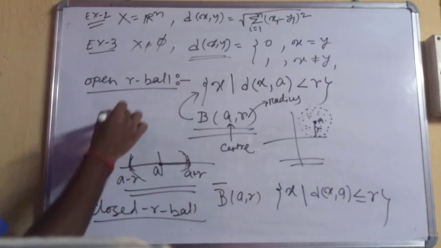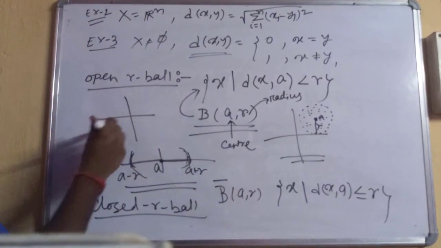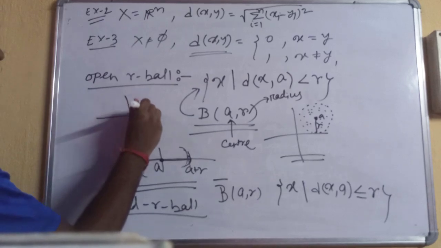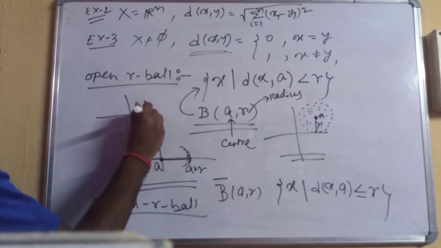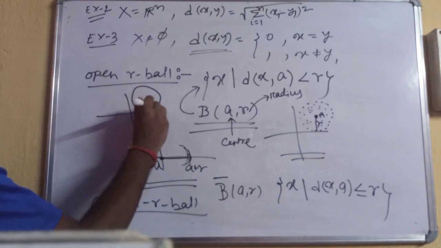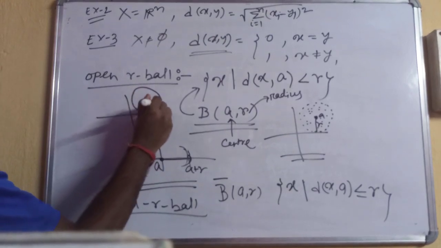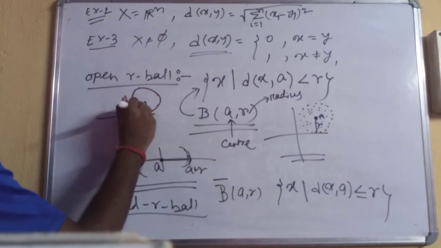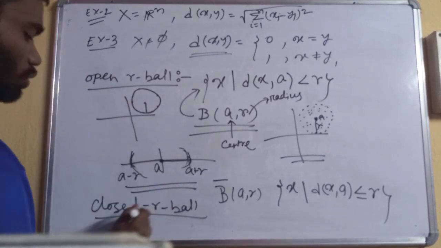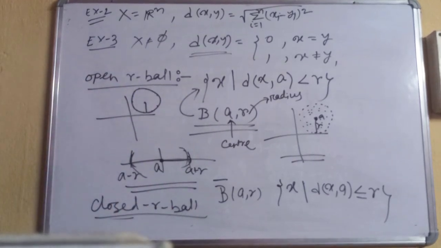If we draw a picture, then if a is any point and r is its radius, it can take the boundary points also since it is closed. Fine.